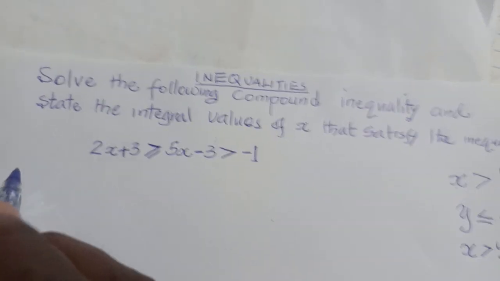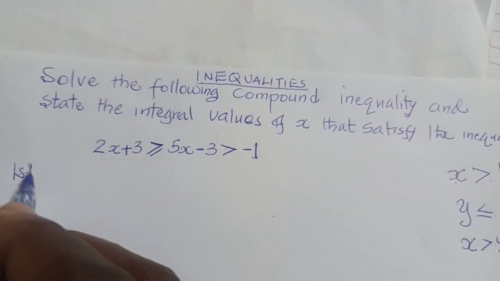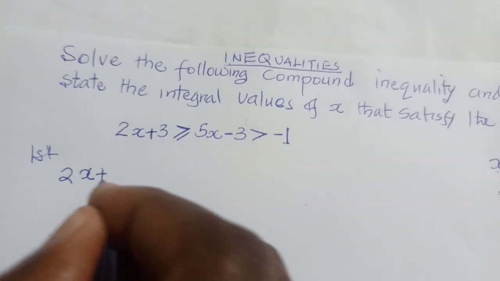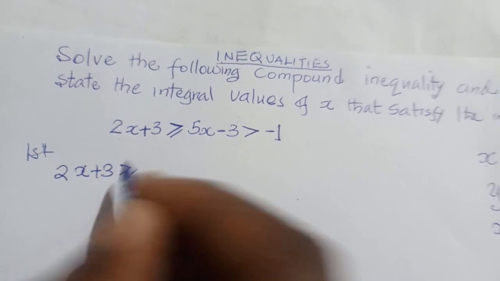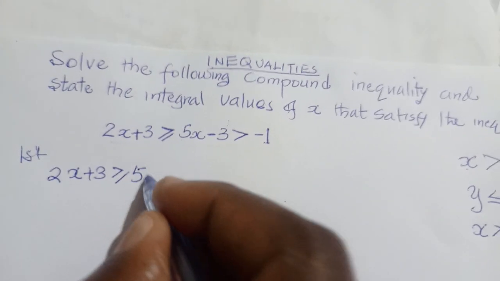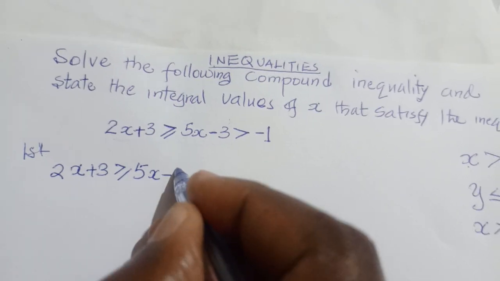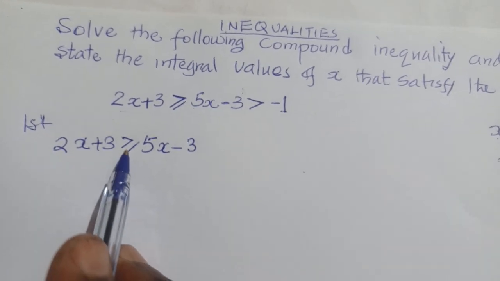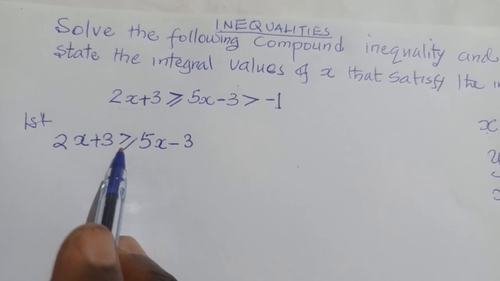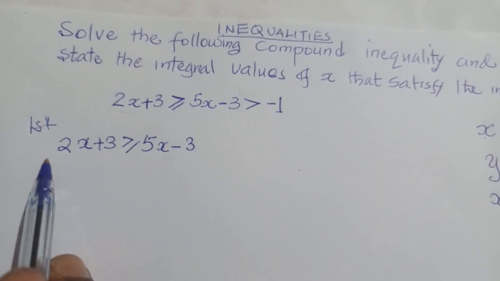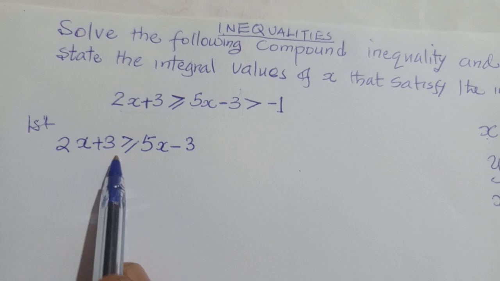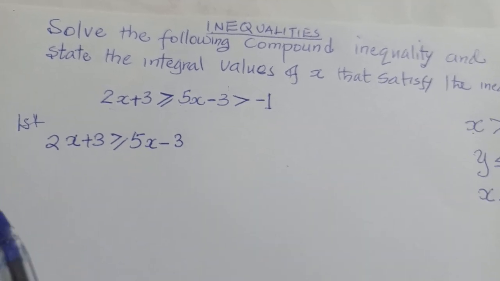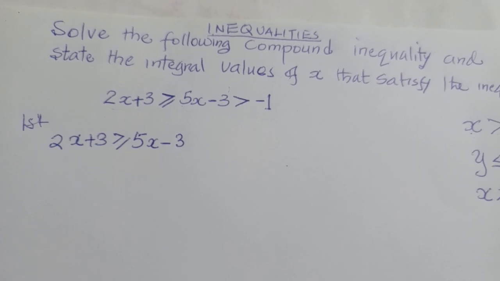So let's begin with the middle part. So in the first case, we have 2x plus 3 greater than or equal to 5x minus 3. Remember, even though we have an inequality sign, the working of this question is the same as how we do it when we have an equality sign.